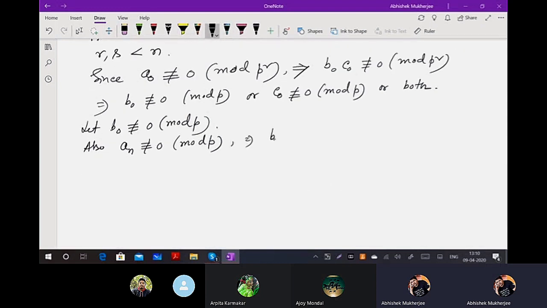This implies b_r is not congruent to 0 mod p, and c_s is not congruent to 0 mod p, as p being a prime.